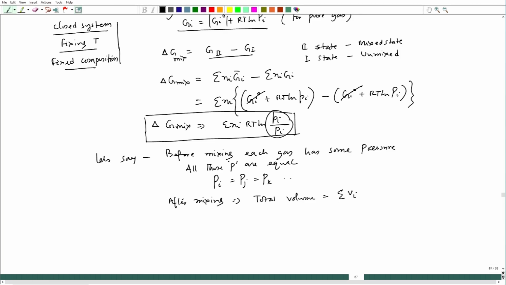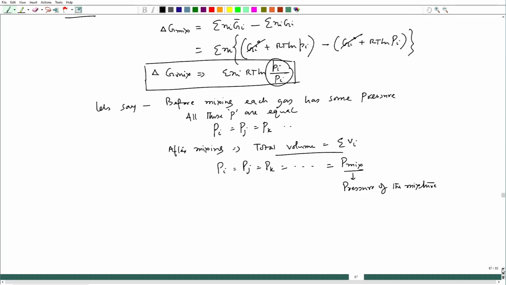Okay. So, if we have that situation, then I would come up with this, that Pi equal to Pj equal to Pk equal to P mix. So, this P mix is nothing but pressure of the mixture, and that time the total volume is constant, okay, which is basically the individual volumes we have to consider. Fine.